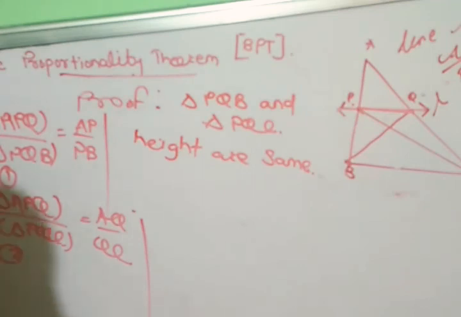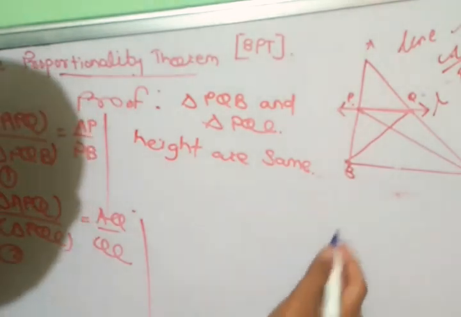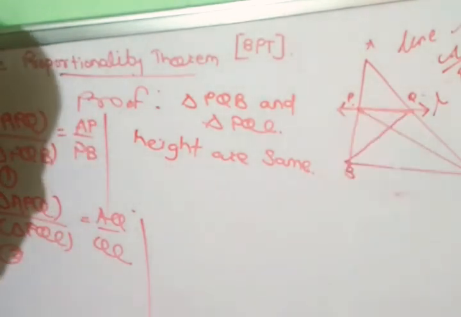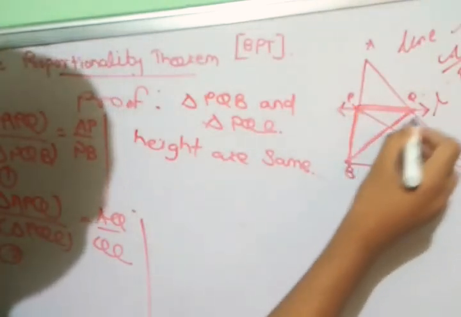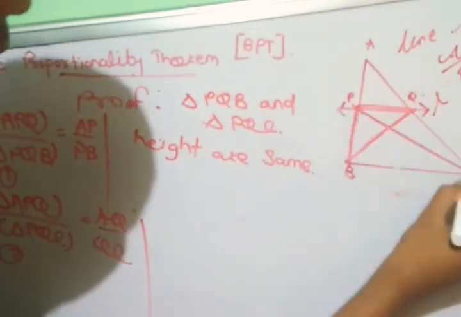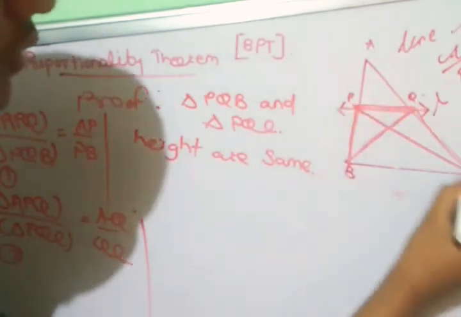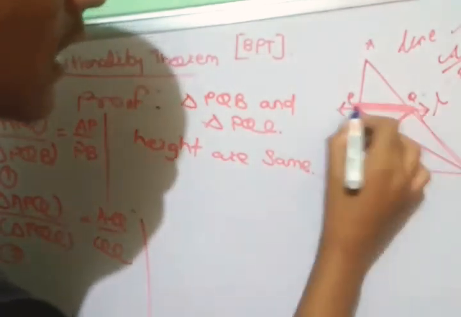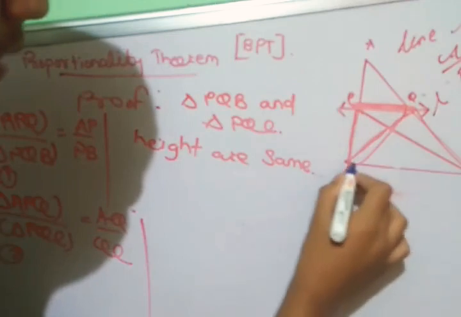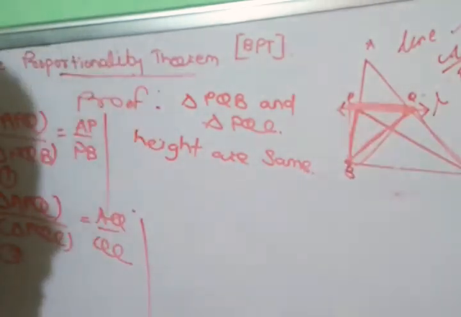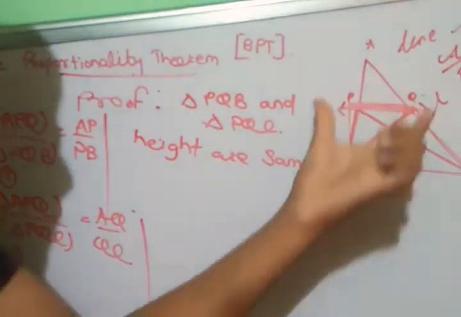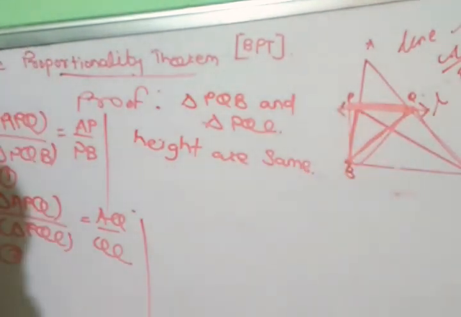And bases are also equal. Base is PQ and PQ. PQB and PQC, bases are also equal. PQB base PQ and PQC base PQ. And heights are equal because line L and side BC are parallel.